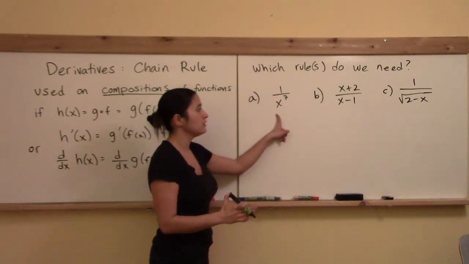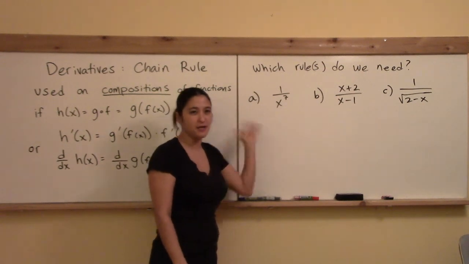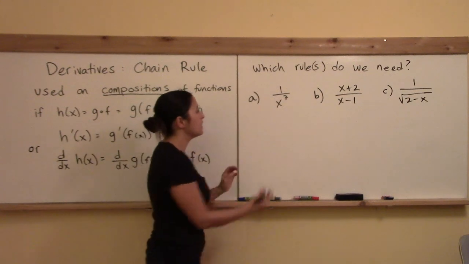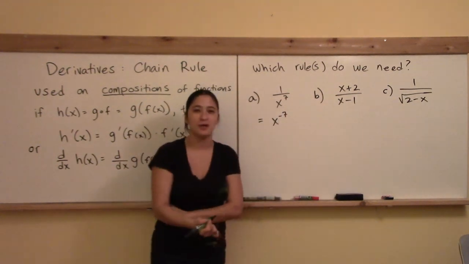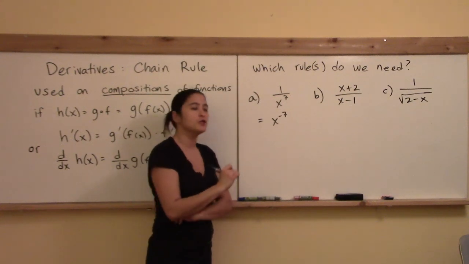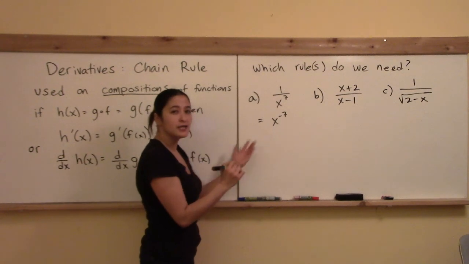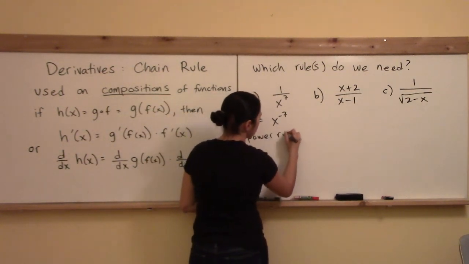Now this first one, did anybody say quotient rule? I hope not. I mean, fair enough, it looks like a quotient because it is the ratio of two things. However, this is an easy one, where this is actually equal to just x to the minus 7. So, although you could use the quotient rule, I would recommend that you do not. Rewrite it as a negative power, and for this one, you only need the power rule.